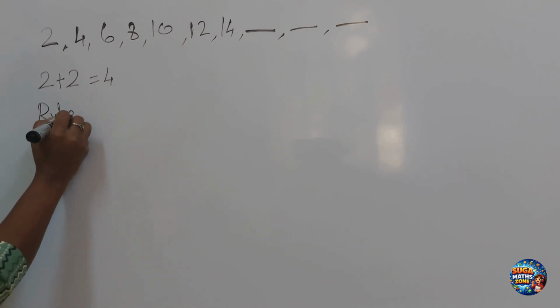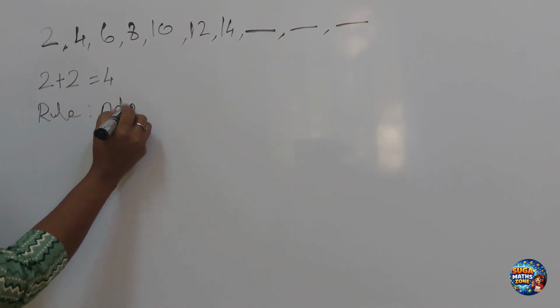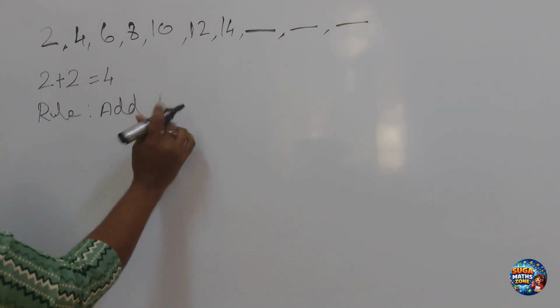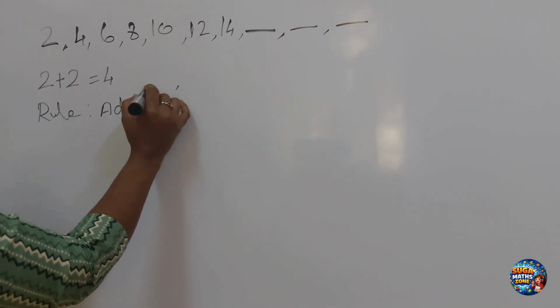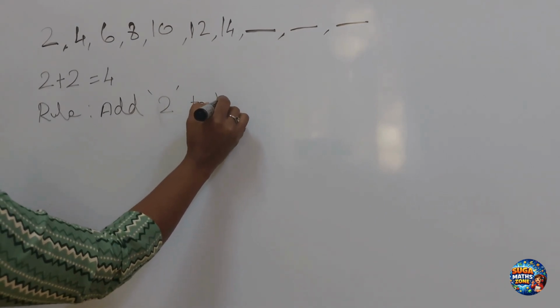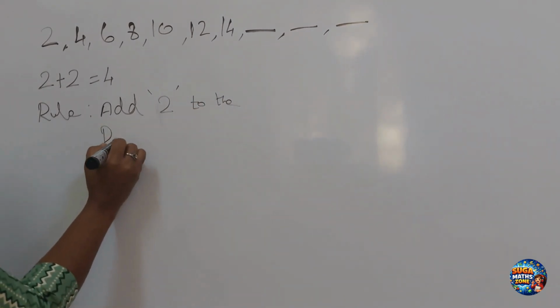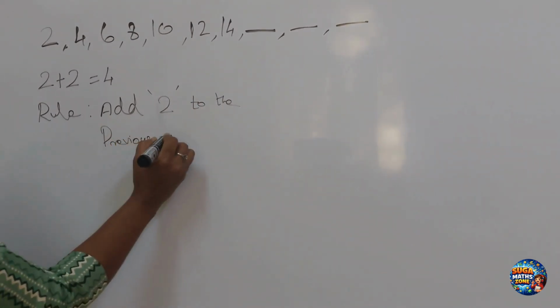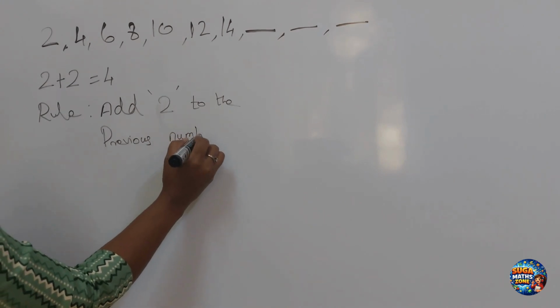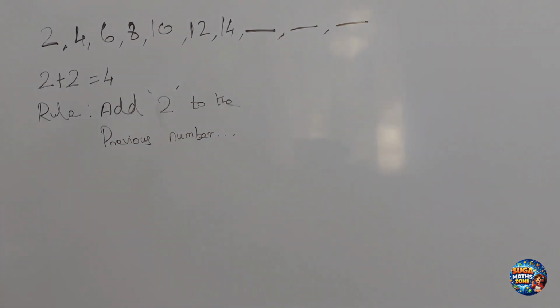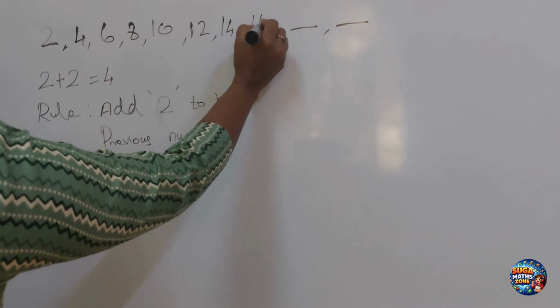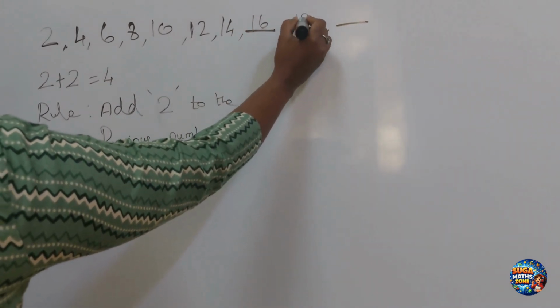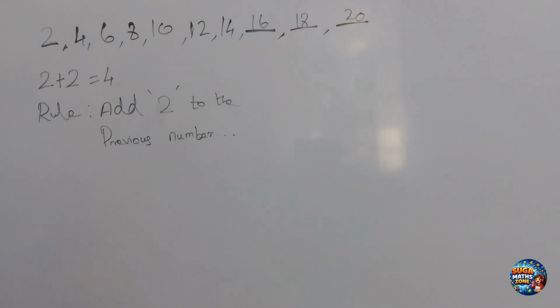So the rule is add 2 to the previous number. So 14 plus 2 is 16, 16 plus 2 is 18, 18 plus 2 is 20.